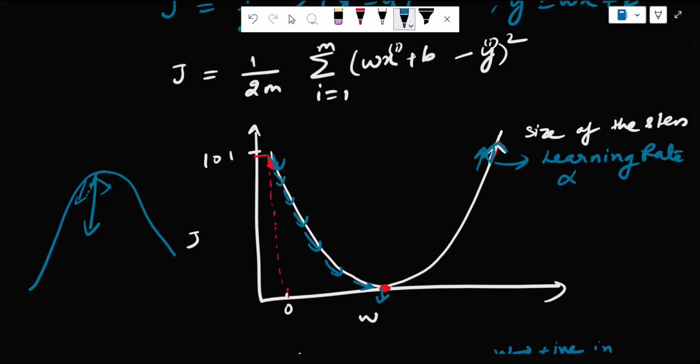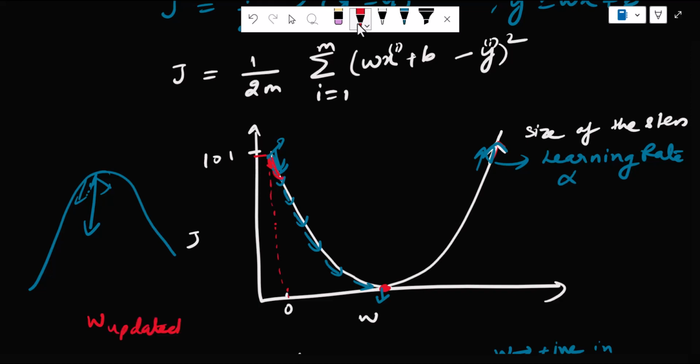Eventually, every time we jump, we calculate the new parameter. So we started with the parameter w equal to 0, and we jumped and calculated the new parameter value. In that case, we are looking at w updated, the one which is here.